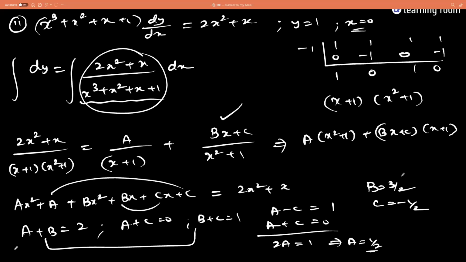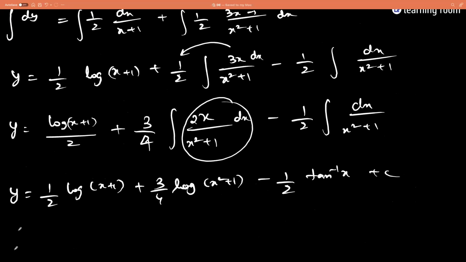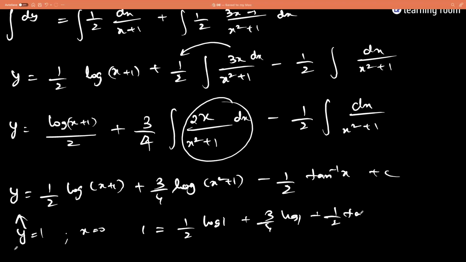So y is equal to 1, x is equal to 0. So when I put y is equal to 1, x is equal to 0, 1 is equal to half of log 1 plus 3 by 4 log 1 minus half into tan inverse of 1 plus c. So log 1 is 0, log 1 is 0, minus half of tan inverse of 1 is pi by 4.